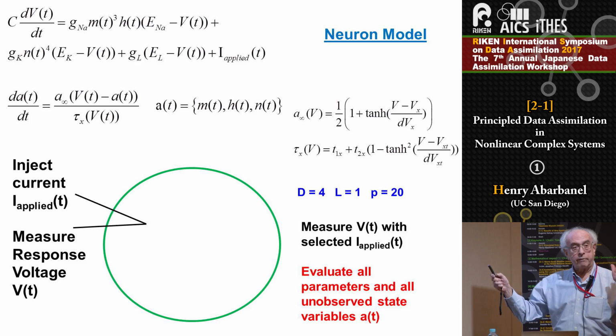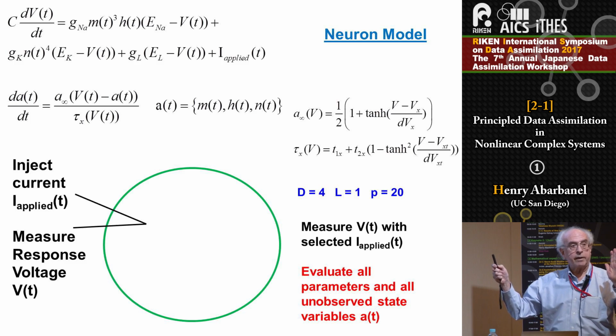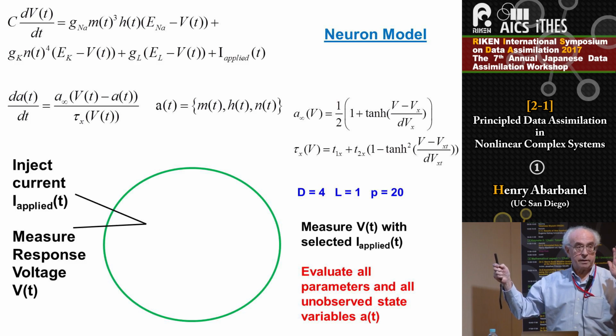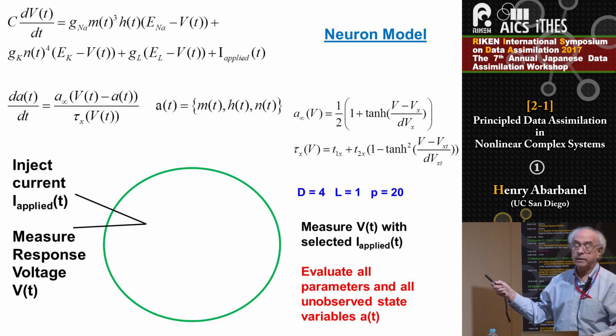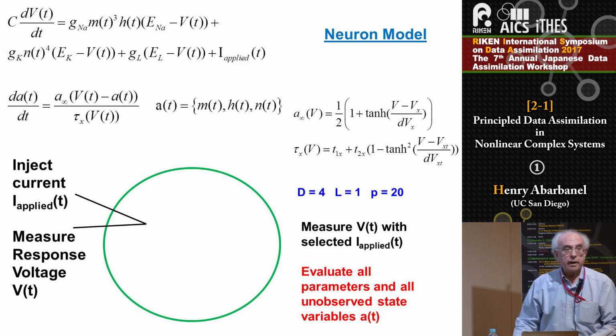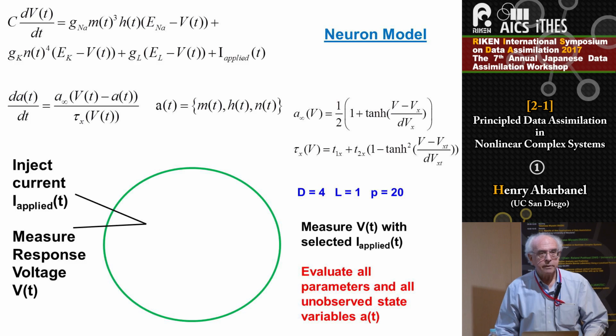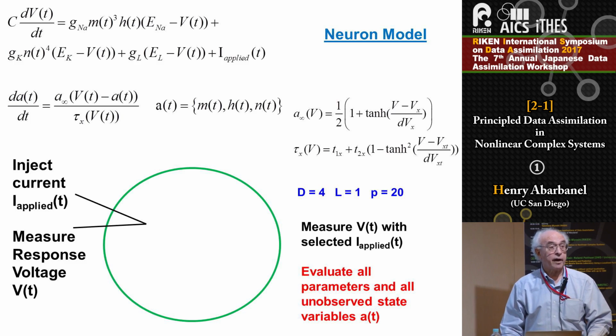And after we have observed for a certain amount of time, which is order 1 second in most of these examples, 1.5 seconds maybe, we check the model by asking whether or not, when a new current is presented to the neuron, can we predict how the neuron responds? If we can, then we call this neuron verified.